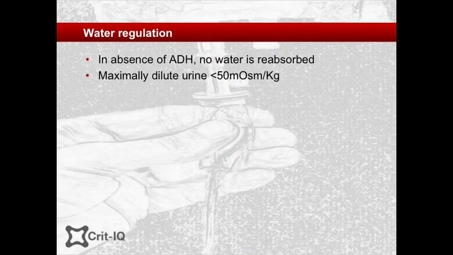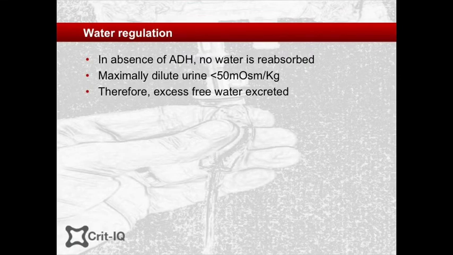In the absence of antidiuretic hormone, these tubules and ducts prevent reabsorption of water, and the remaining urine is excreted in a very dilute form. At maximal diluteness, the urine osmolality can be around 50 milliosmoles per kilo, significantly less than the average plasma osmolality at 280 milliosmoles per kilo.